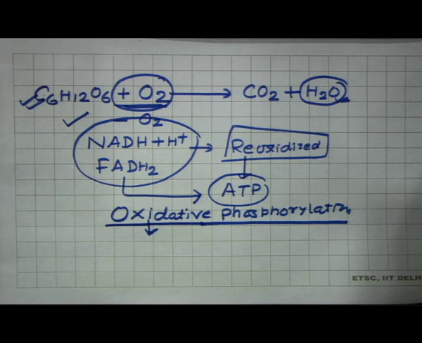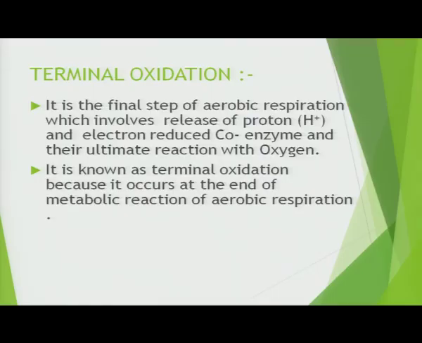So, it is better to say oxidative phosphorylation or terminal oxidation, because it is the final step of aerobic respiration, which involves the release of protons and electrons from the reduced coenzyme and their ultimate reaction with oxygen. This proton combines with oxygen in this way.